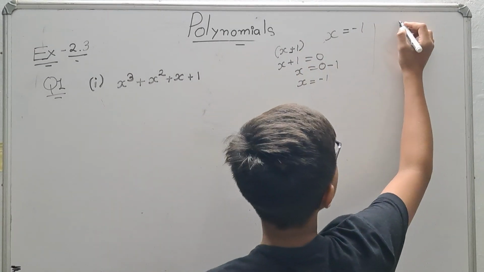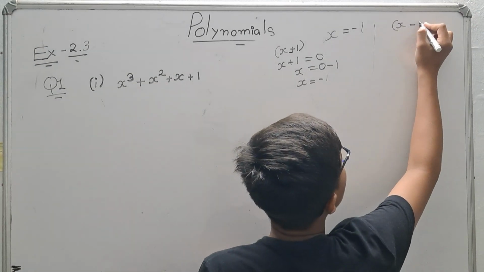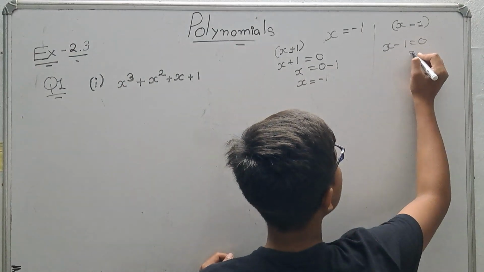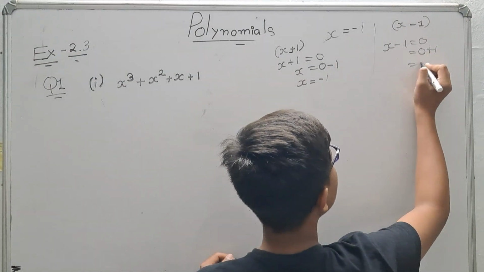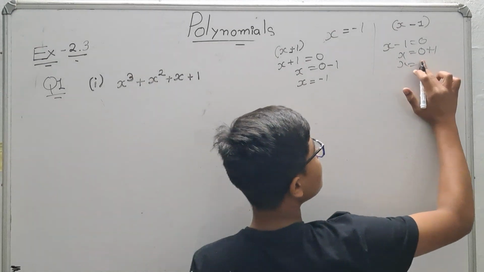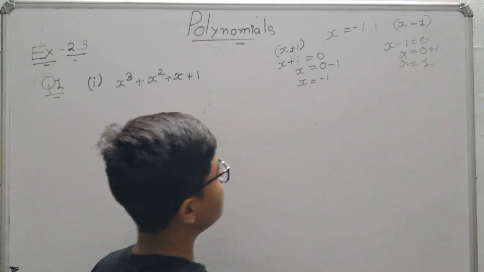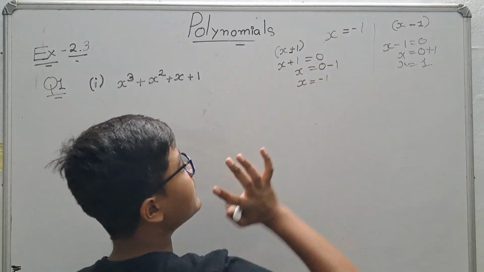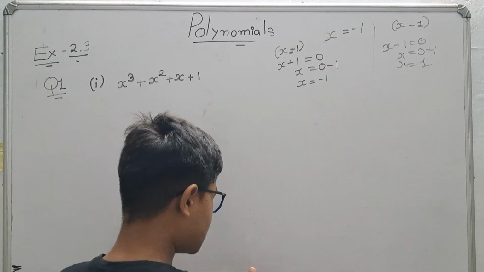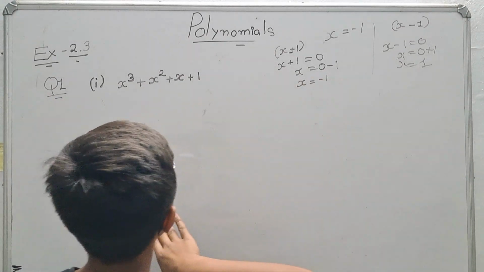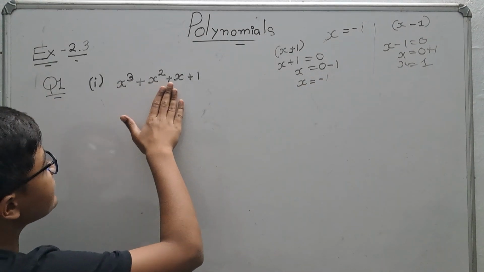And if they have given minus 1, what you will do? Plus 1. Here they have given x plus 1 is a factor, so we will put minus 1 in place of x.